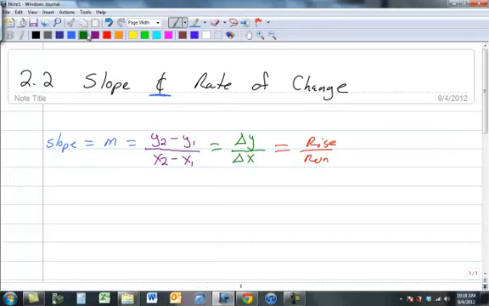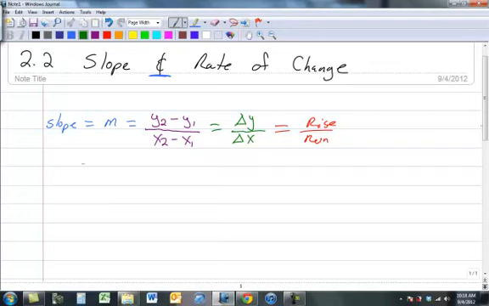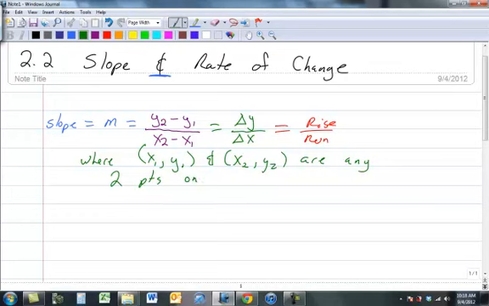Now, all of this is to describe slope, where x sub 1, y sub 1, and x sub 2, y sub 2 are any 2 points on the line.